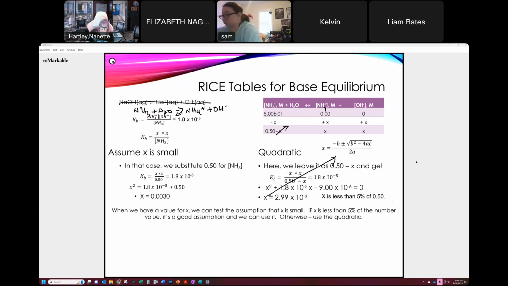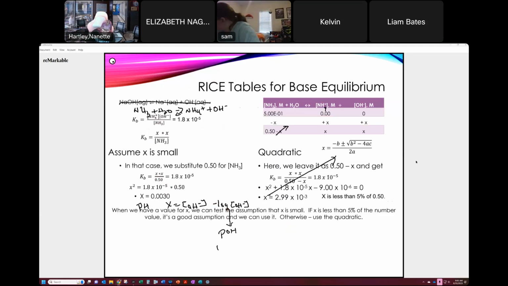Now, remember, if you get asked about a pH for this, you have to remember that the X that you solved for is equal to the concentration of the OH minus. And so if you take the negative log of the OH minus, which you can do, that gives me my POH, not the pH.